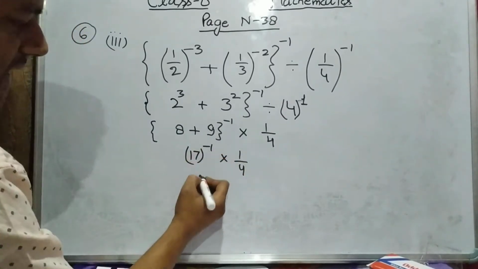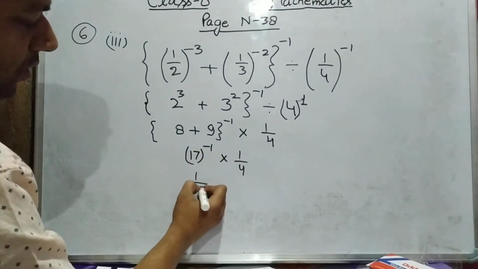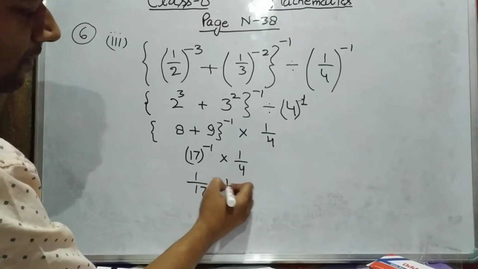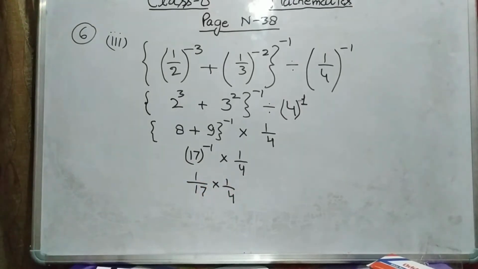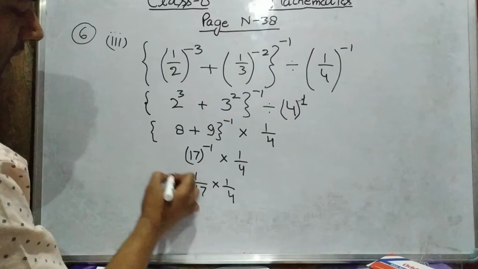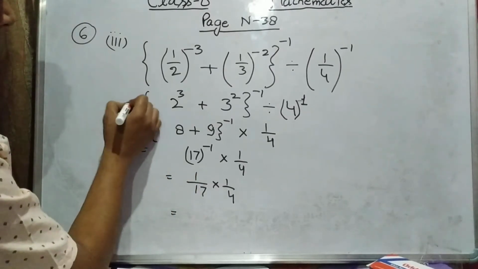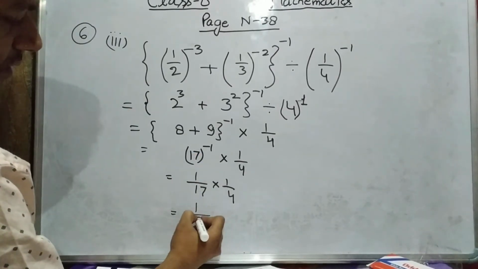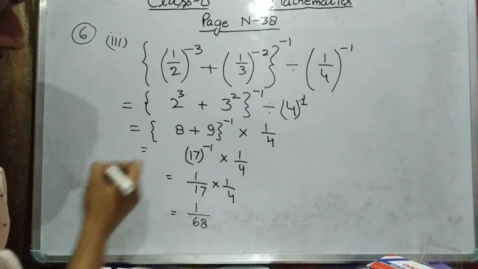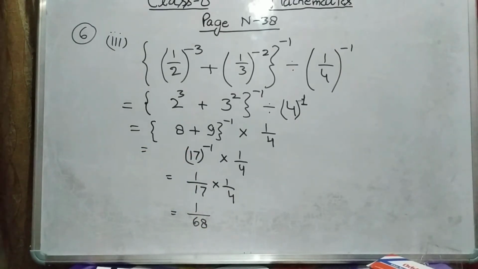Now convert this minus power: 1 upon 17 multiply 1 upon 4, and finally 1 upon 68. That is the right answer. Hope you understood.